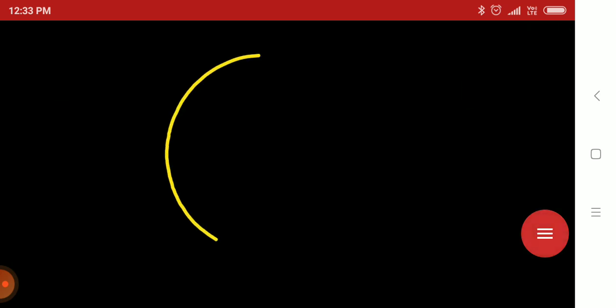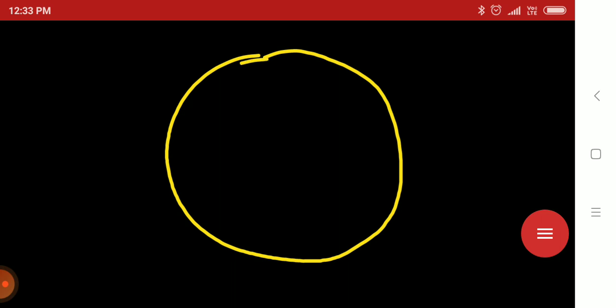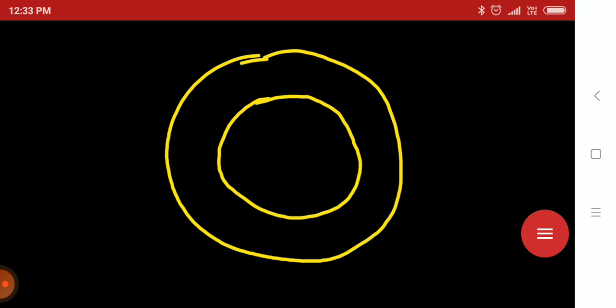First I am drawing the spherical shell. It has B radius, then I draw the inner shell, and here I draw a very small radius.